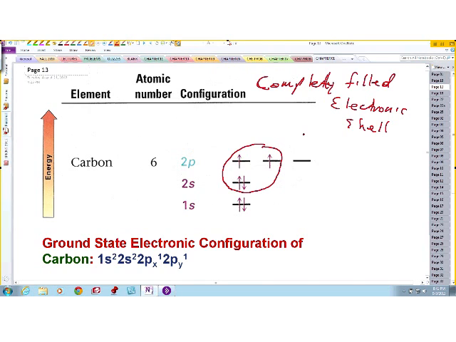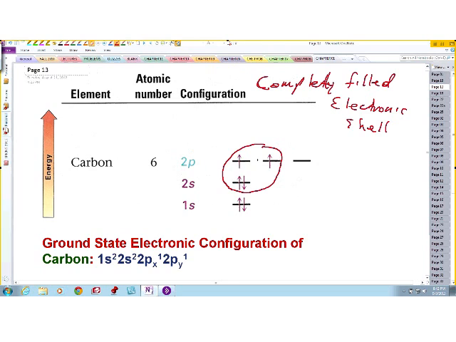So in this particular instance, if carbon is to have a completely filled electronic shell, how many electrons does it need? Keep in mind that each orbital only takes a maximum of 2 electrons. So it needs 4, right? Carbon needs 4 electrons in order to have a completely filled valence shell.